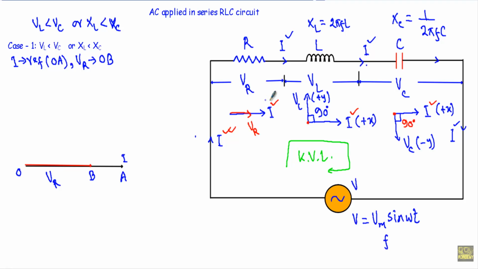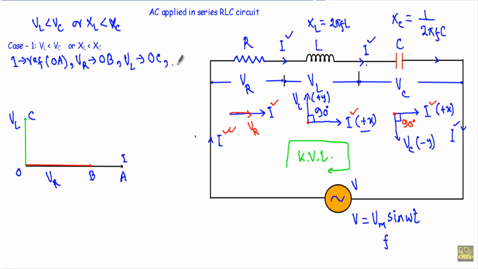Now see, the voltage across the inductor VL will be 90 degree ahead of the reference current I. Therefore, if I take I in positive x-axis, I will take VL in positive y-axis, such that it creates 90 degree angle. Let's say this is our voltage phasor VL. I will denote VL with OC. So this OC will indicate VL.